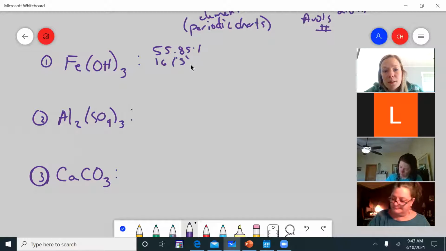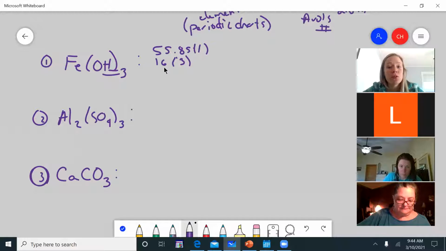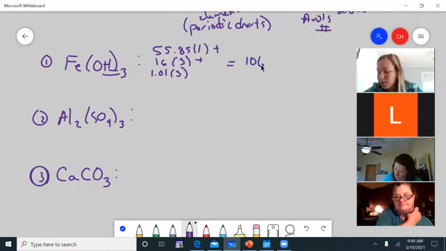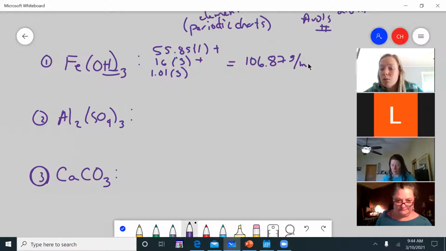I'm going to put these in parentheses because I don't want those dots getting confused, because the 3 distributes out to everything within the parentheses. Then we've got hydrogen, which is roughly 1.01, and we multiply that by 3. Then we add these things together. The total here is 106.87.